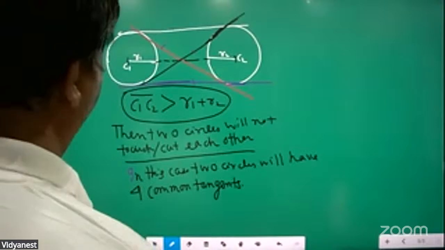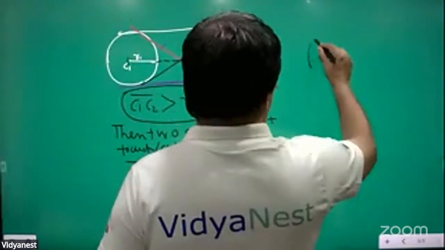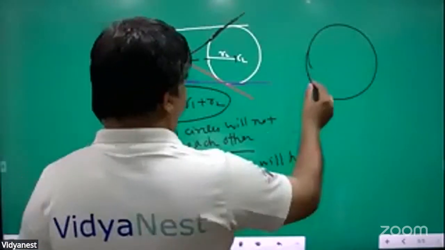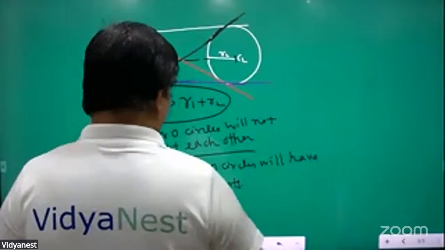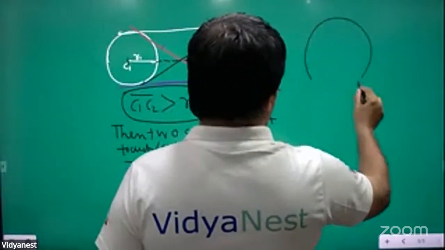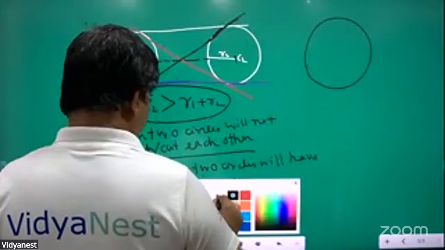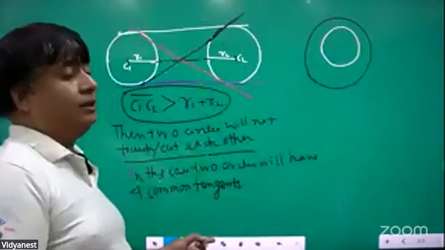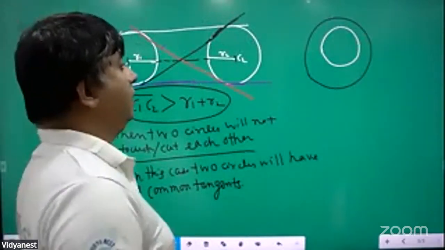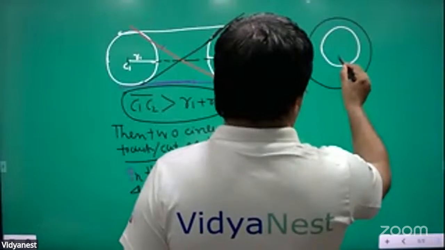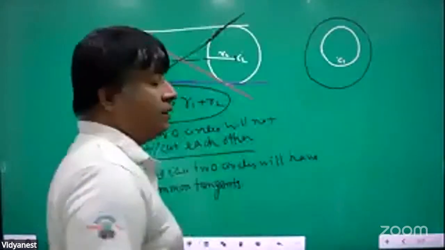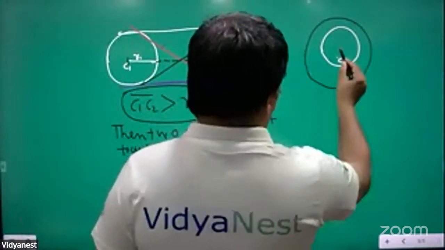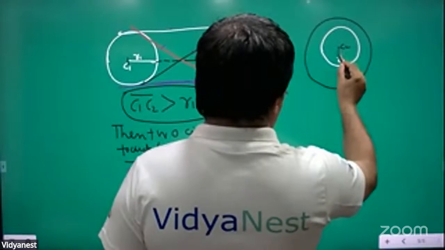Now, if inside one big circle there is another circle that lies totally inside the bigger one, then C1 is the center of the bigger circle, C2 is the center of the smaller circle.